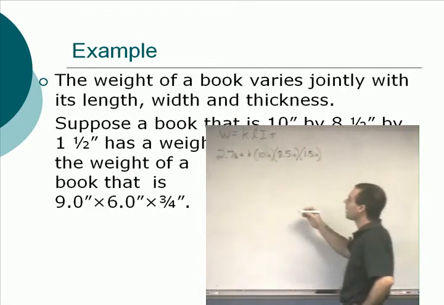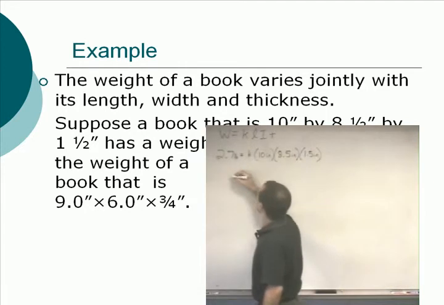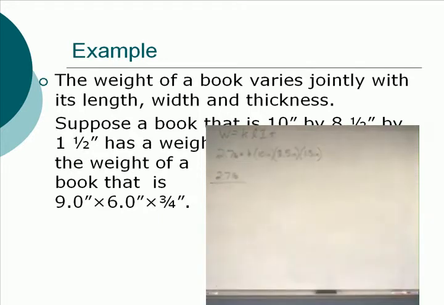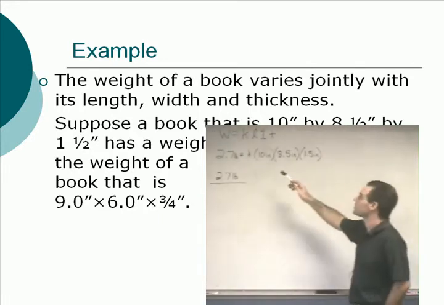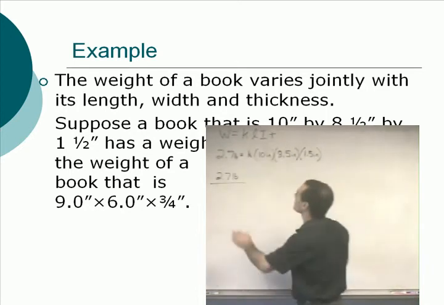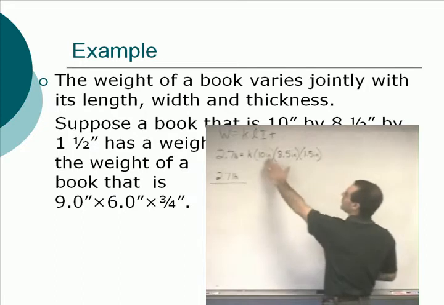Then we can solve that for K. I left the units on here because the value of K has some meaning if you leave the units on. For example, let's take 2.7 pounds. Now we're going to divide these out.